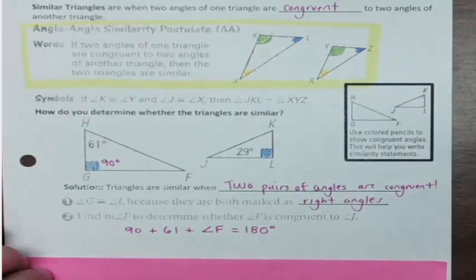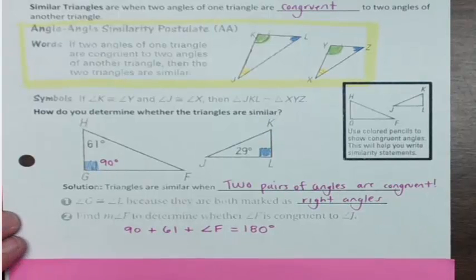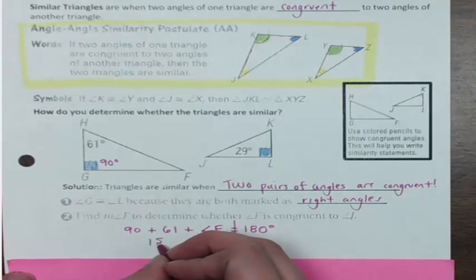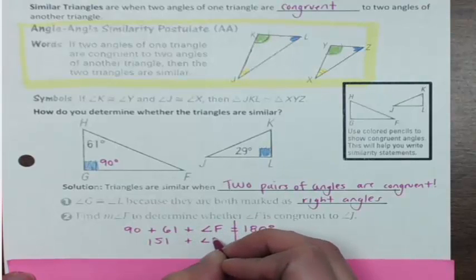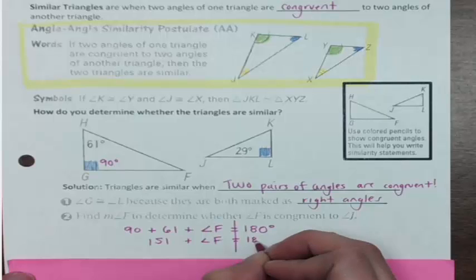Now when I simplify this, I'm first going to add my like terms on the left side of my equation. So 90 plus 61 is 151, plus angle F equals 180.